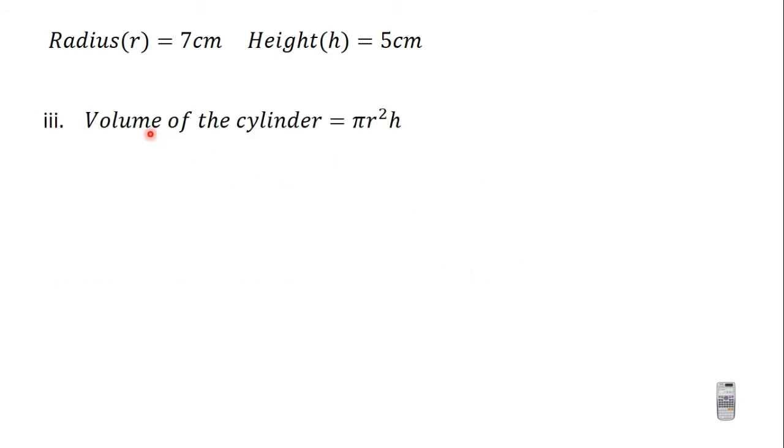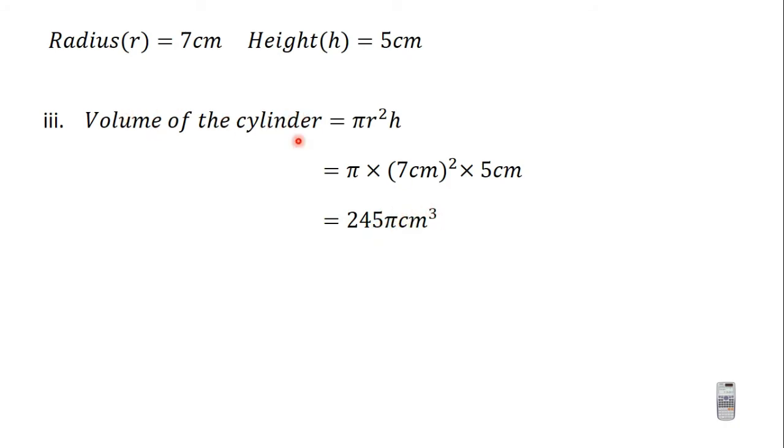The question also said we should find the volume of the cylinder, and the formula is pi r squared h. So you have pi times 7 centimeters squared times 5 centimeters, and this will give us 7 squared times 5 times pi, and that will be 245 pi centimeters cube.